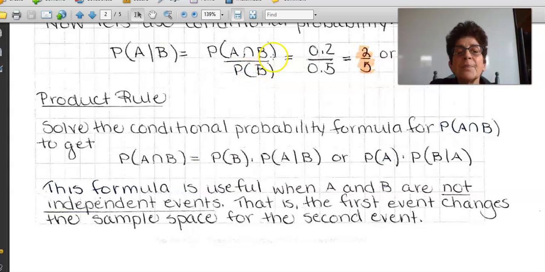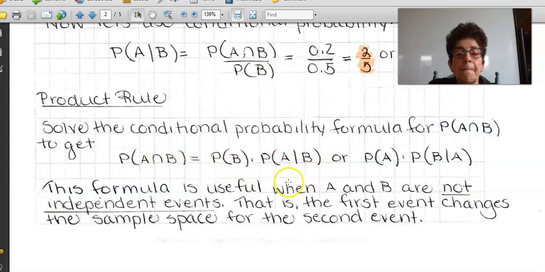If I multiply both sides by the probability of event B, you can see that that is going to divide out on the right and leave me just with the probability of A and B. And I'm going to wind up with the probability of B out here in the front of the conditional probability. Here it is rewritten that way. Again, it's important to realize this isn't a brand new formula. This is just the conditional probability formula solved for the probability of A and B.